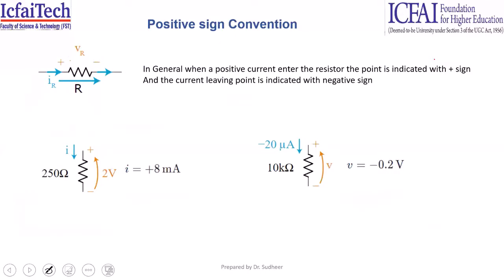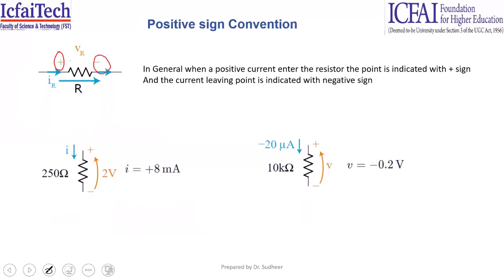Having learned about what a voltage source and a current source are, whenever voltage is applied across a series of resistors, we have learned in a previous lecture that the voltage gets divided. Now, how do we indicate the voltage drop across a resistor? Generally, the current entering point is denoted by a positive voltage symbol across the resistor, and the current leaving point is denoted by negative.